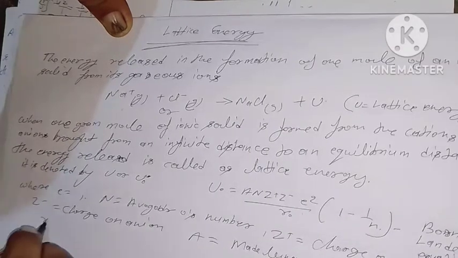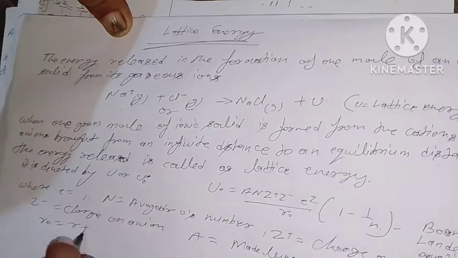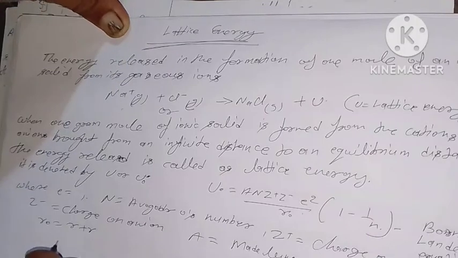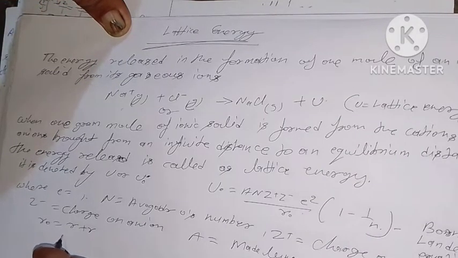And R naught equals r plus plus r minus, the internuclear distance between cation and anion.